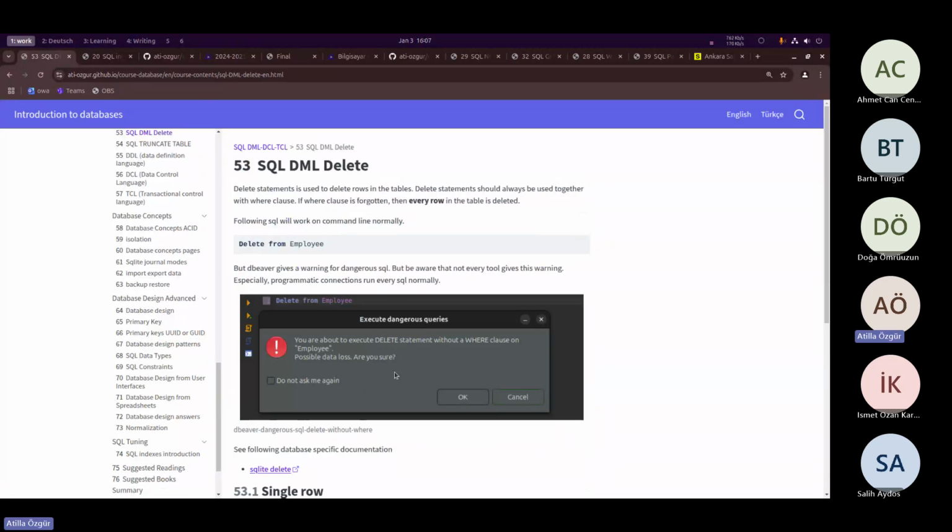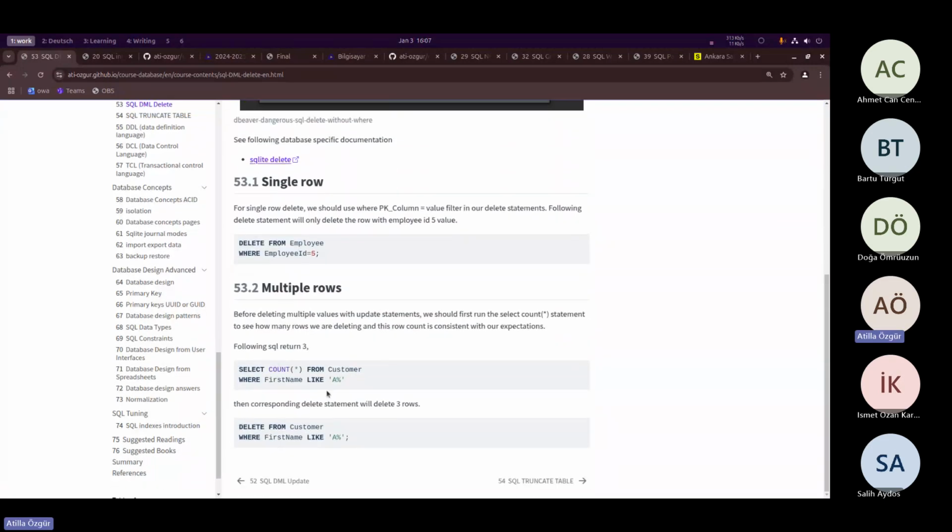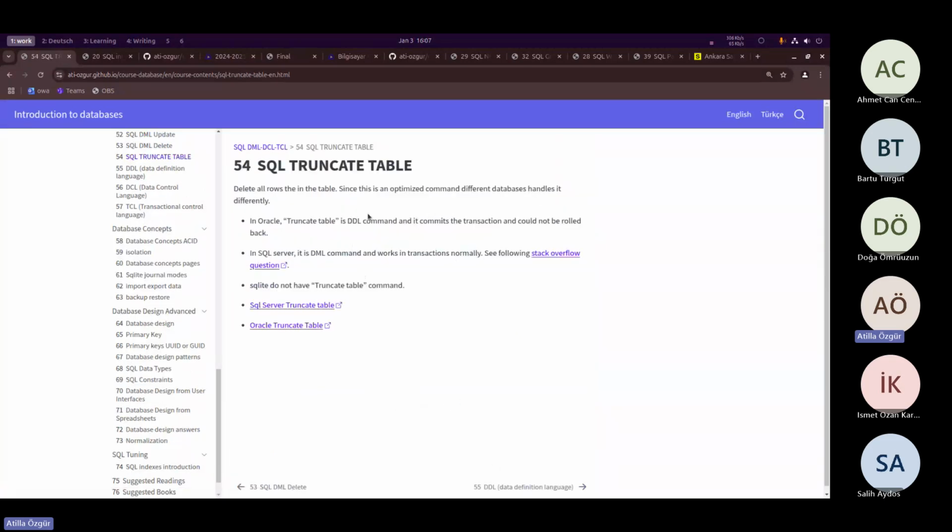It is the same. I can delete the employees and others. Again, if we are changing or deleting multiple rows, we need to select how many rows we are changing. Truncate table is not in SQLite.